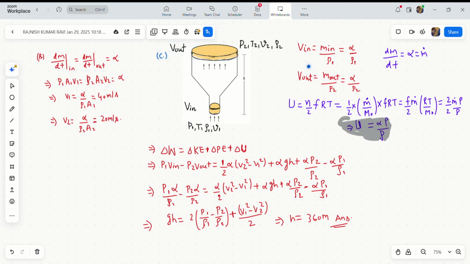So we can write V in as mass by density, mass entering is alpha, and density at the lower end is rho 1. So V in is this much value. Similarly, V out will be alpha by rho 2.